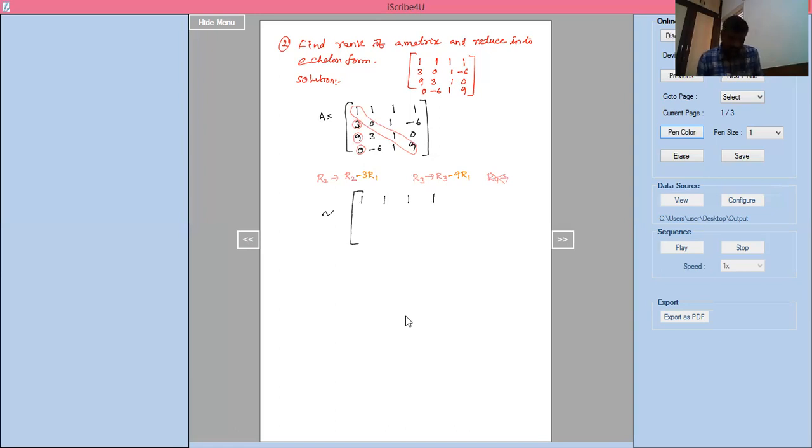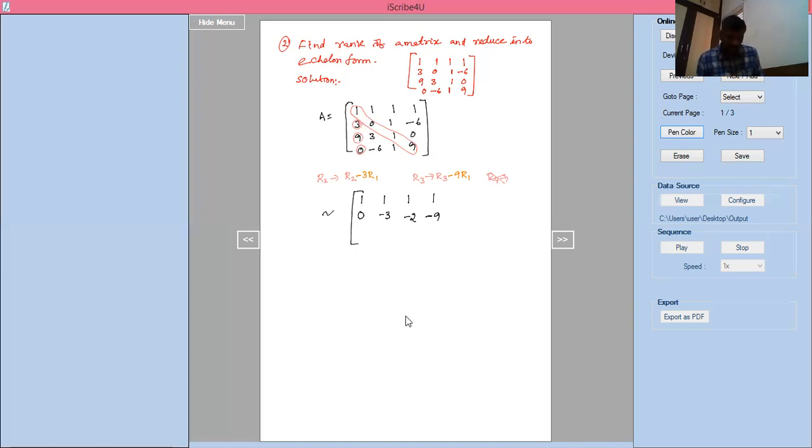Now R2: 3 minus 3 is 0. Then 0 minus 3 is minus 3. Then 1 minus 3 is minus 2. Next, minus 6 minus 3 is minus 9.